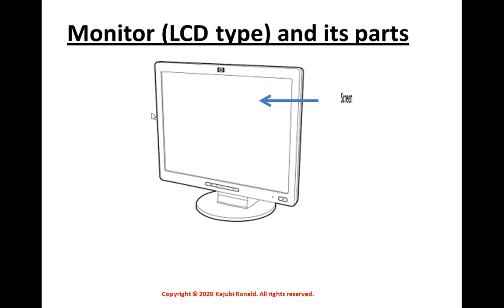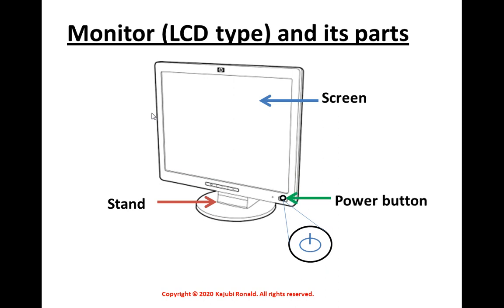That's how an LCD monitor looks, and we are trying to name the parts. This part where we view information from, yes, it is a glass form. That part here is what we call a screen.